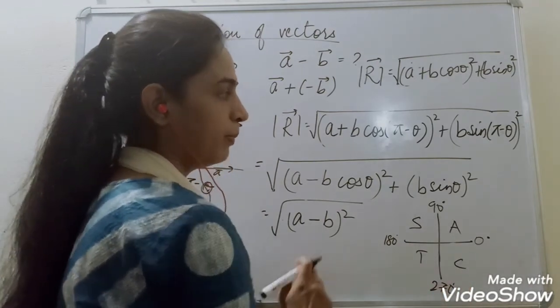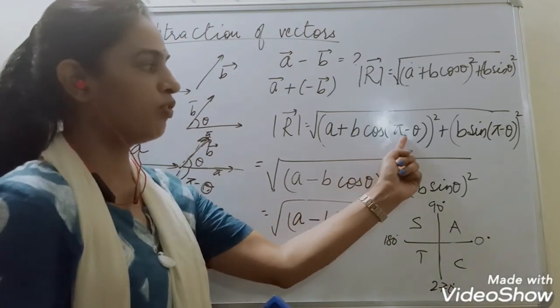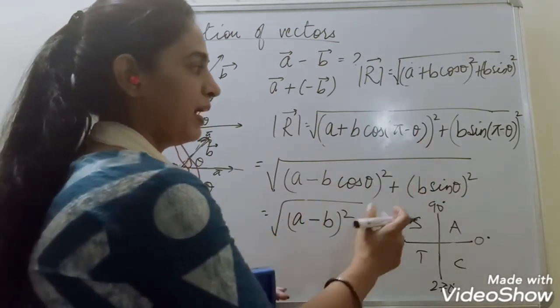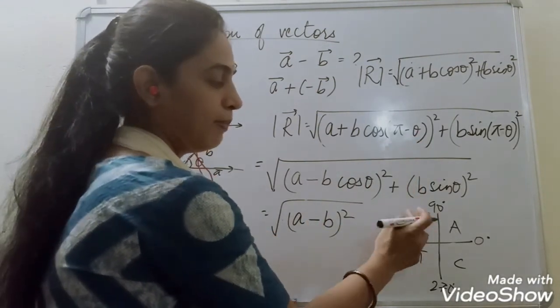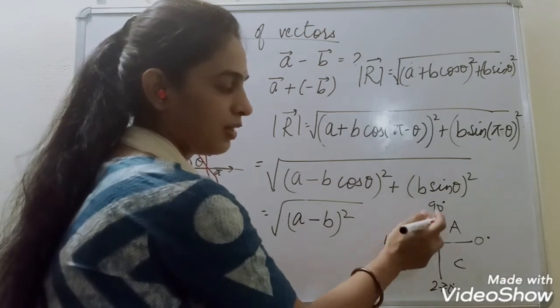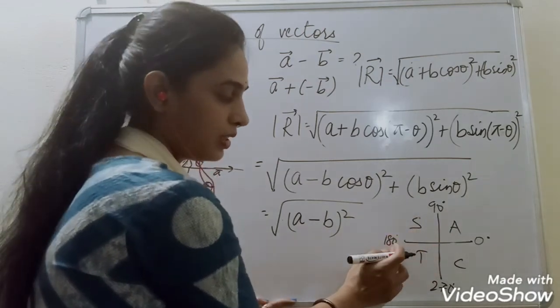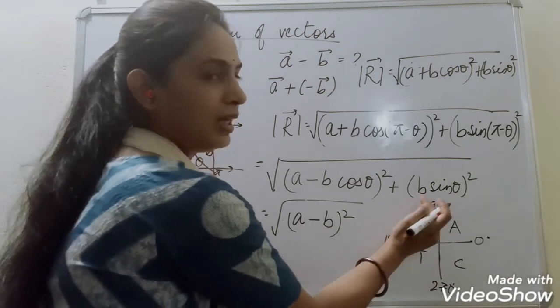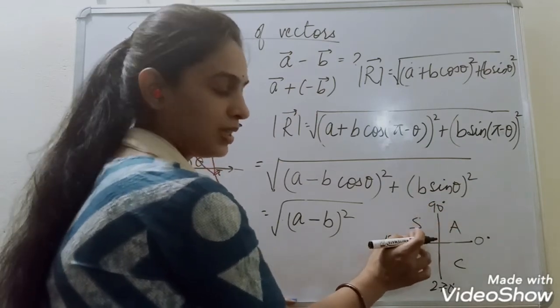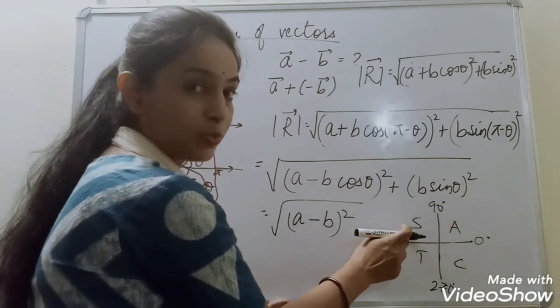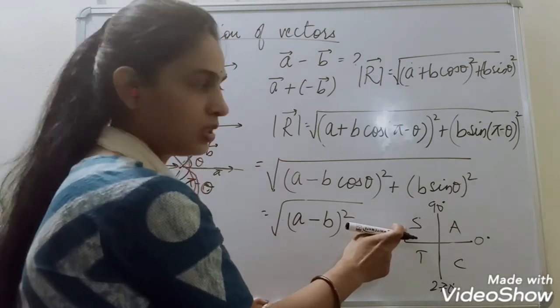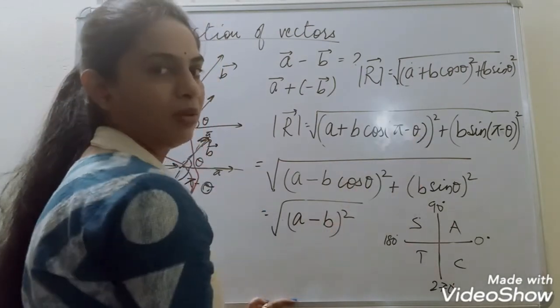So you can remember this. We have cos of pi minus theta. Pi means 180. 180 minus theta will be less than 180, so it will lie in the second quadrant. In the second quadrant, what is positive? Only sine is positive. So cos pi minus theta will be negative.